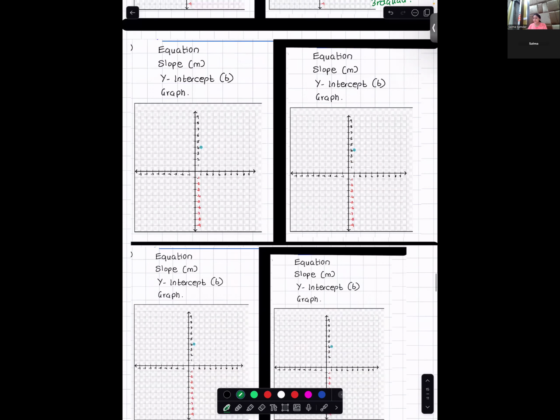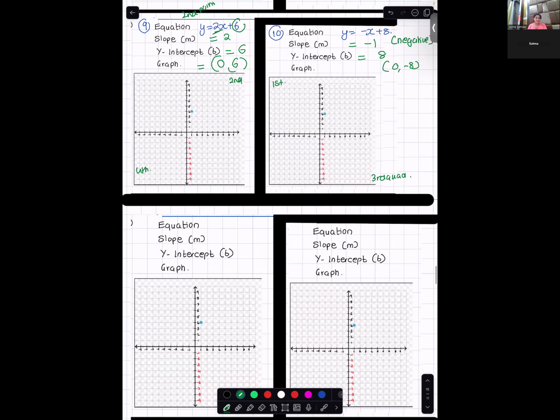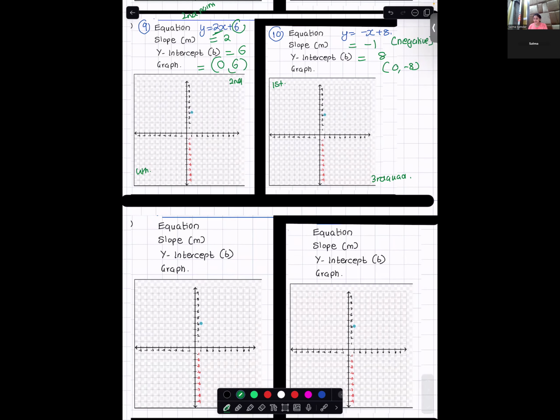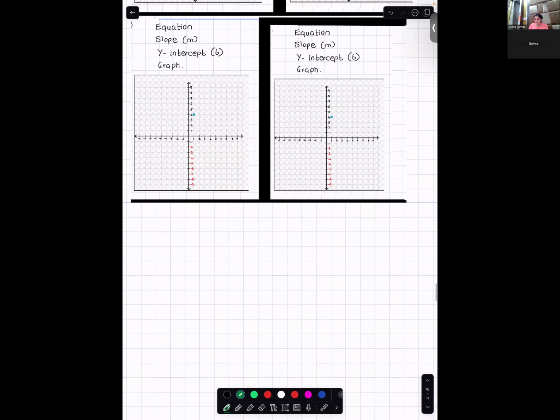So this is all about plotting a straight line. Equation of the line. What is an equation of the line? Equation of a line that is horizontal is y is equal to something. Equation of a line that is vertical is x is equal to something.